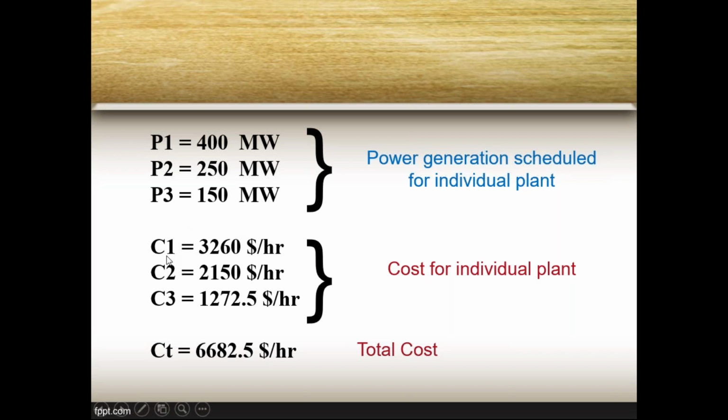So we have to find C1, C2, C3 by substituting these three values. Then finally CT is equal to C1 plus C2 plus C3. This is the total cost, and this is the way we have to do it when neglecting losses with no generator limits. So just remember these 2 points: neglecting losses and no generator limits, using the analytical method.